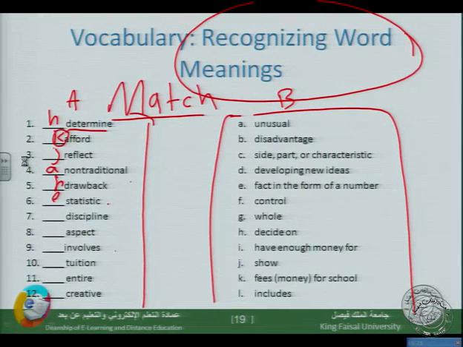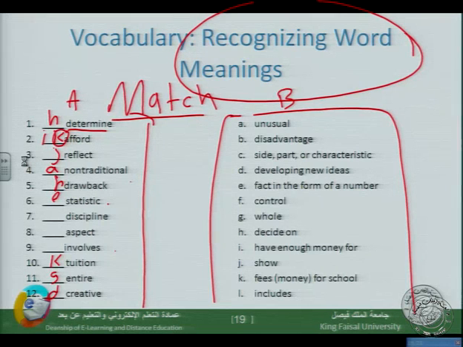actually here, for the effort, it means have enough, oh, it's I, it's not K. It's having enough money, okay? For tuition, it means K. Entire means G. Creative means D. And so on.